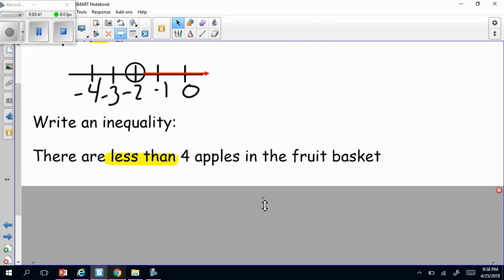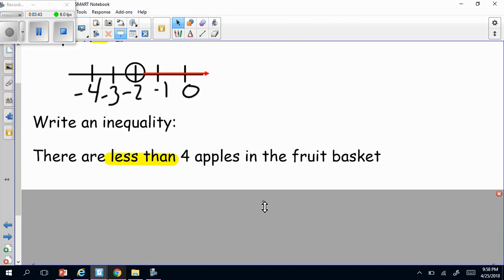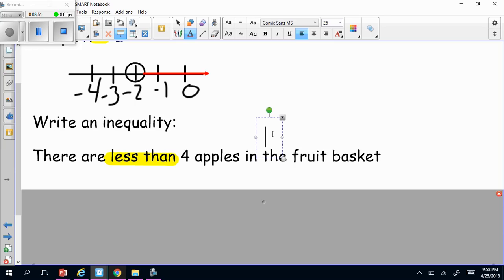So if I wanted to write this out, it would be x, because we don't know how many apples there are. We just know there's less than that. So it'd be x, and then the less than sign, less than 4. That would be our inequality in this case.